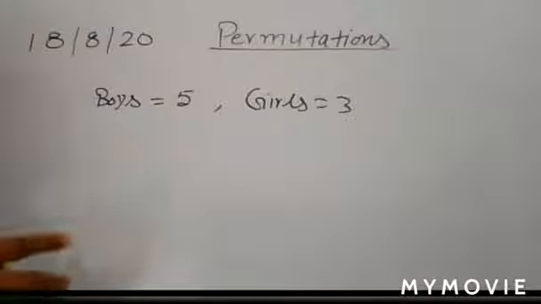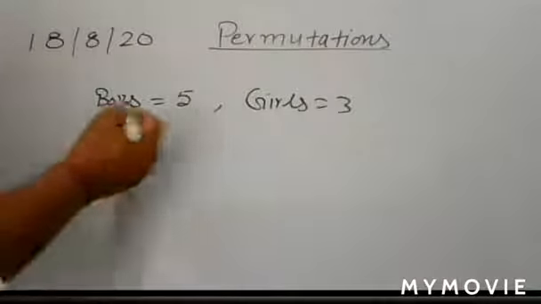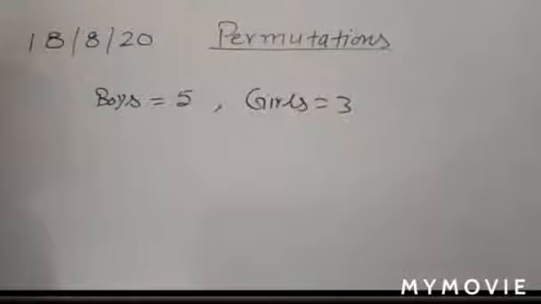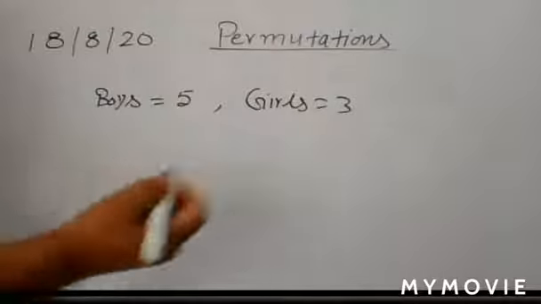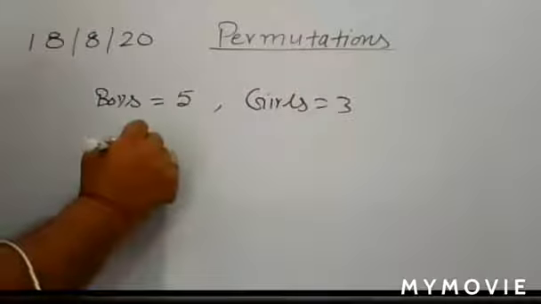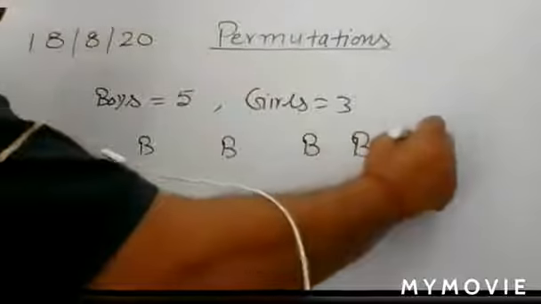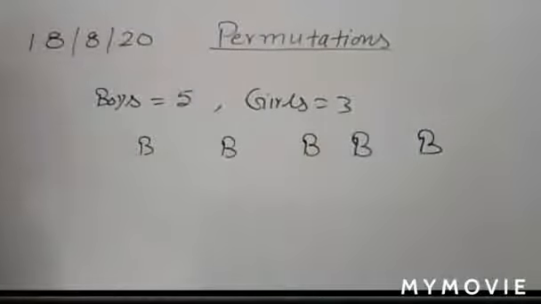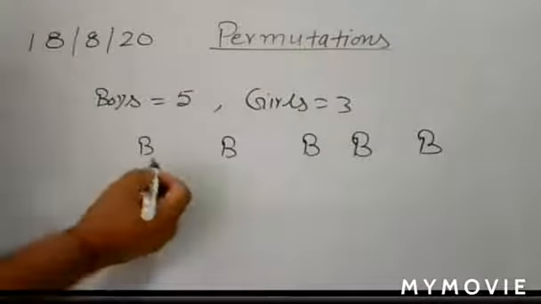So here your condition is for girls. First you decide the places of boys. I write the places of boys as B, B, B. Just wait. 1, 2, 3, 4, and 5. Understand? Here you have 5 boys and 5 places.